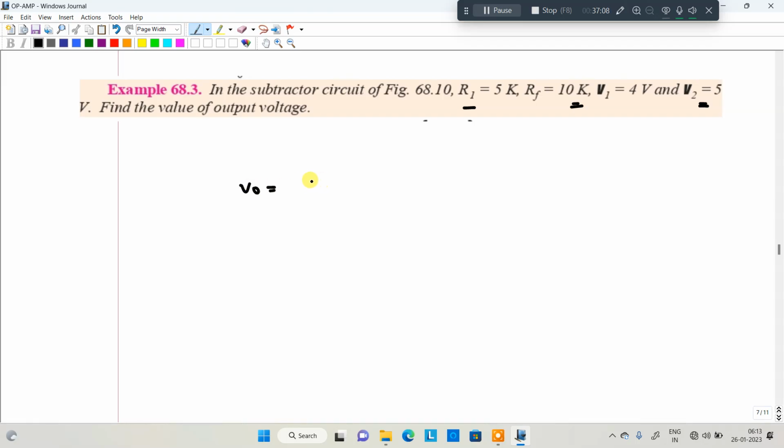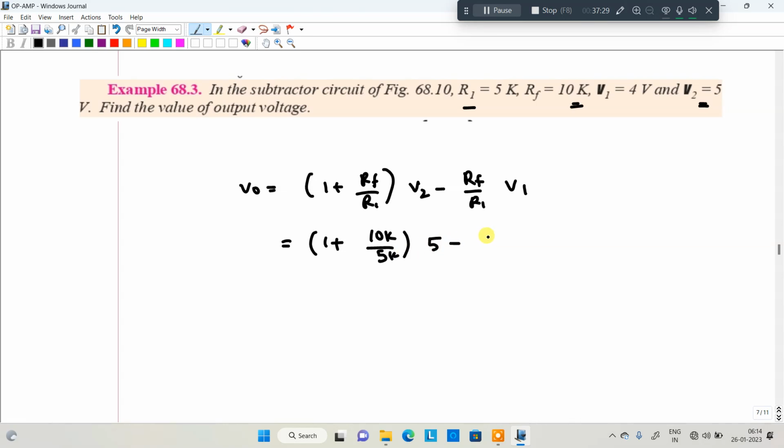Subtractor formula: 1 plus Rf divided by R1 into V2 minus Rf divided by R1 into V1. So 1 plus 10K by 5K into V2 of 5 volts, minus 10K divided by 5K into V1 of 4 volts. Finally we get plus 7 volts as the output. So that is the way you need to find it.